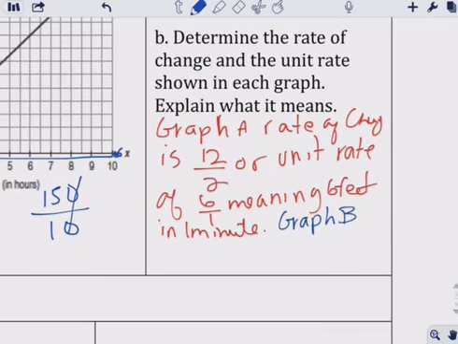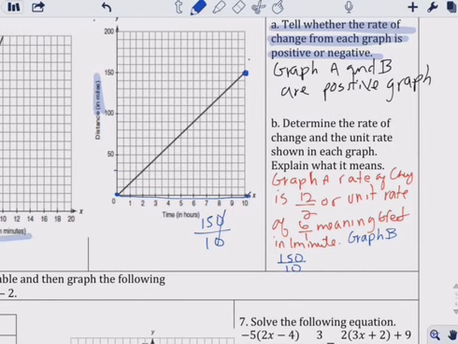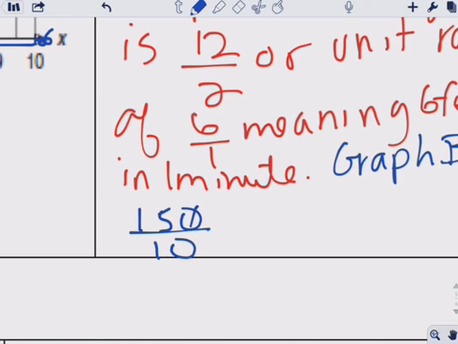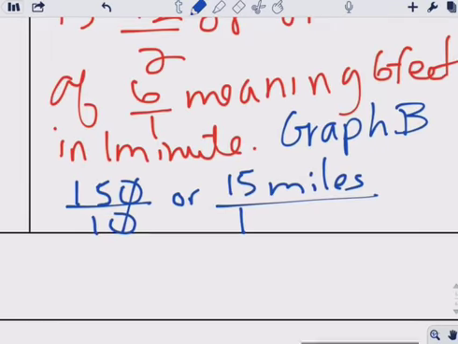Graph B is 150 over 10, which means 150 miles in 10 hours, or unit rate, or 15 miles in 1 hour.